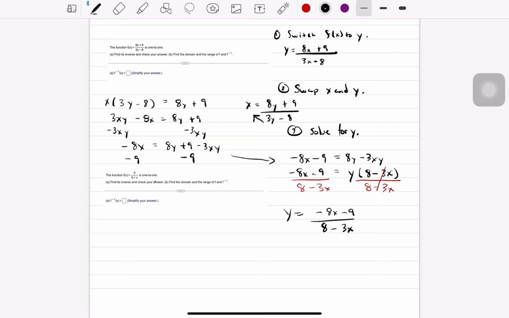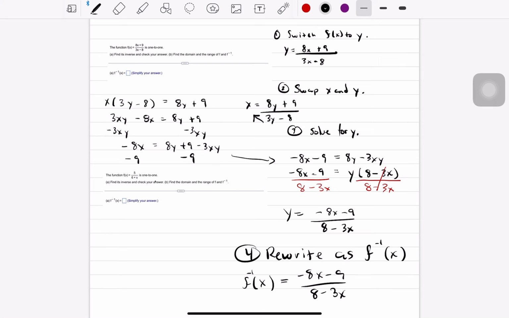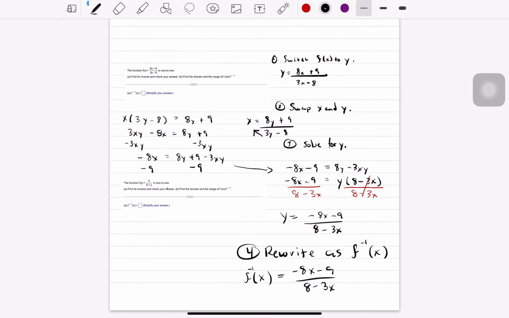So step 4, rewrite as f of negative 1, which is just basically the inverse notation. So it'd be literally this. Same thing. Just need to rewrite it to confirm that, hey, this is not the original function. This is the inverse we found. Okay. So that's it. That's all that is to it.